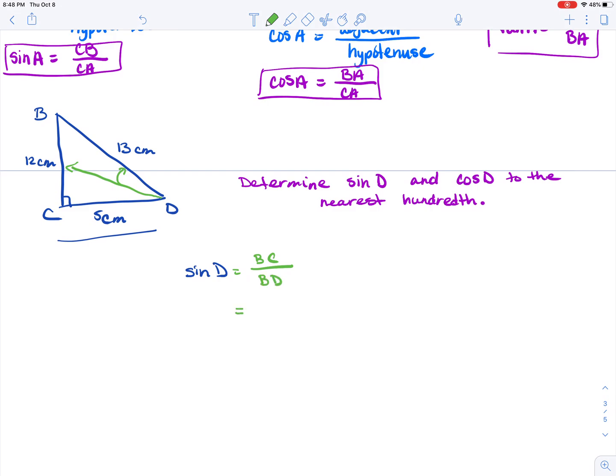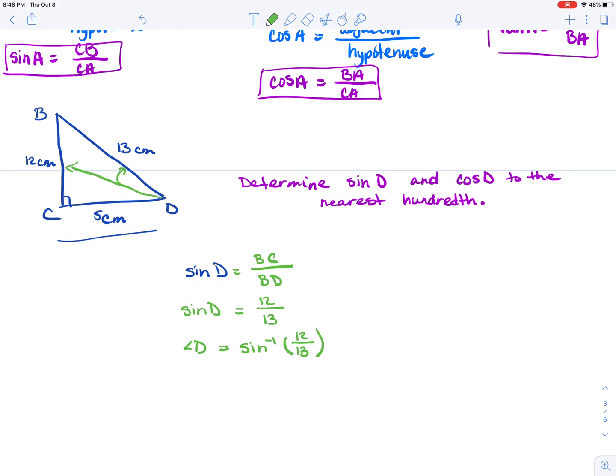And that equals 12 divided by 13. If you recall from our other videos, what do we have to do to solve for D? In order to find angle D, I have to take the inverse of sine with my opposite over hypotenuse lengths.